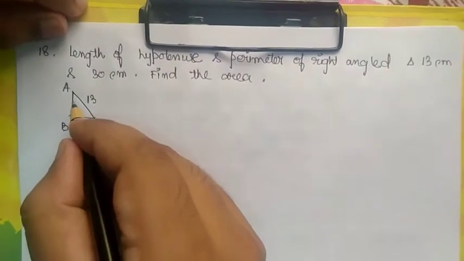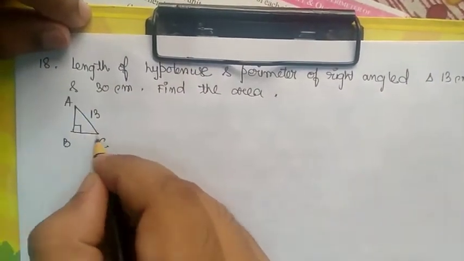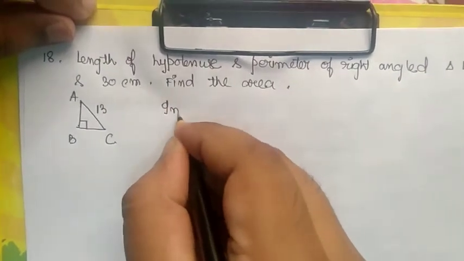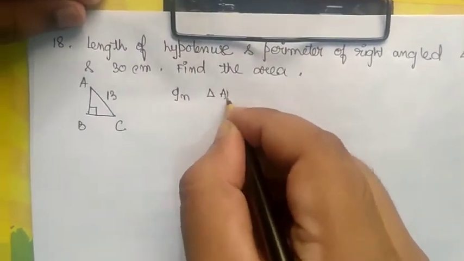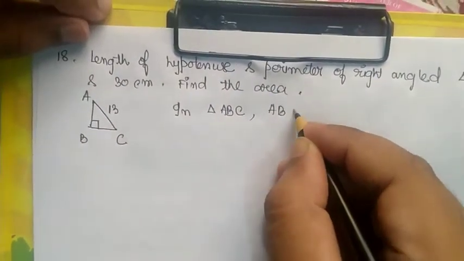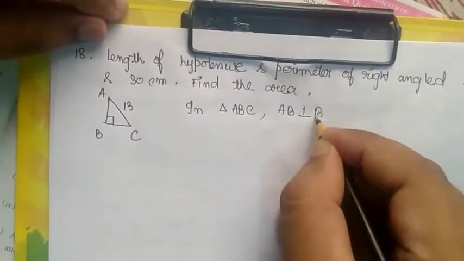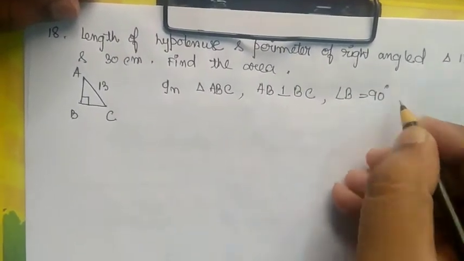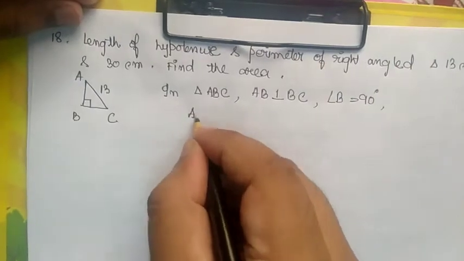We don't know the length of AB and BC. So first, in triangle ABC, AB is perpendicular to BC, therefore angle B equal to 90 degree, and AC is the hypotenuse.